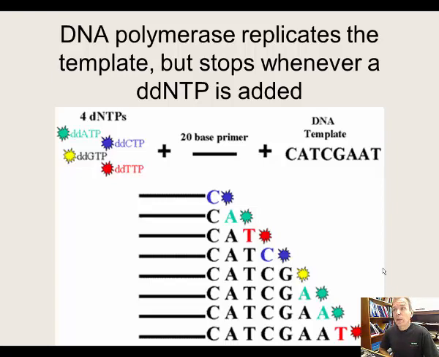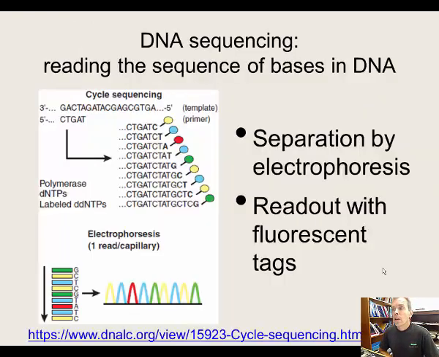DNA polymerase replicates this template, but stops whenever the ddNTP is added. When you have these different sized DNA molecules now, they can be separated by electrophoresis. That means you run these DNAs through an electric field and they will separate by length or by size, so that the large DNAs will be retarded in the gel electrophoresis and the small fragments will go through quicker.